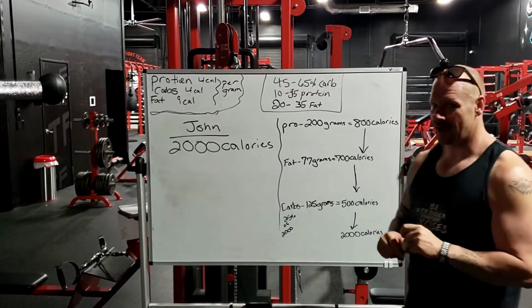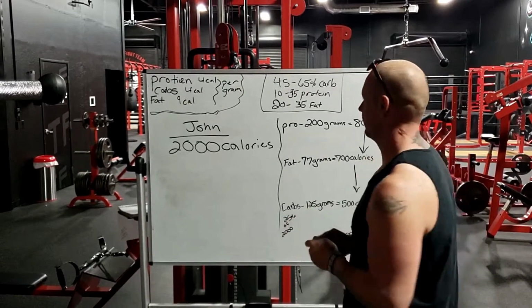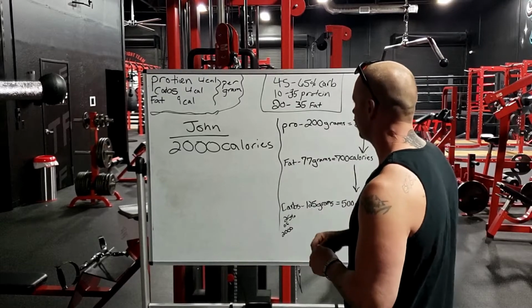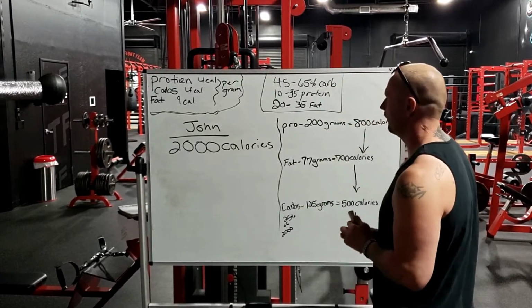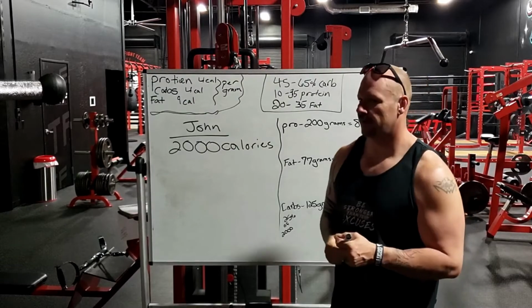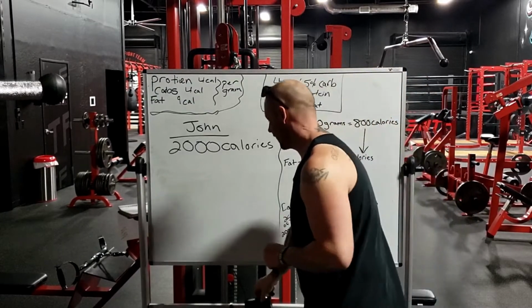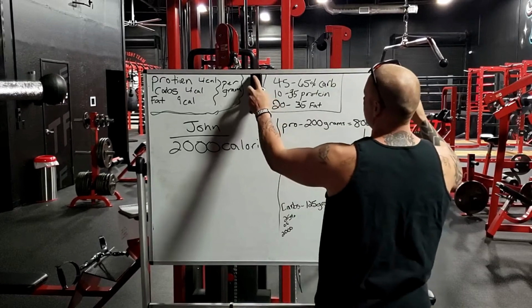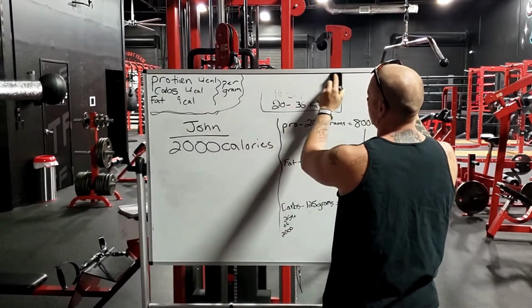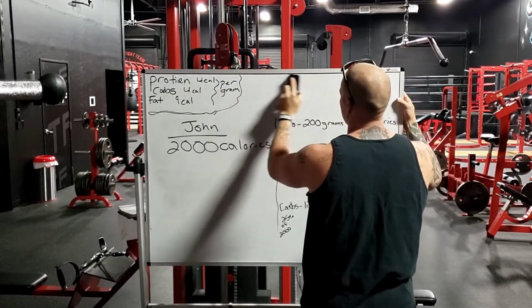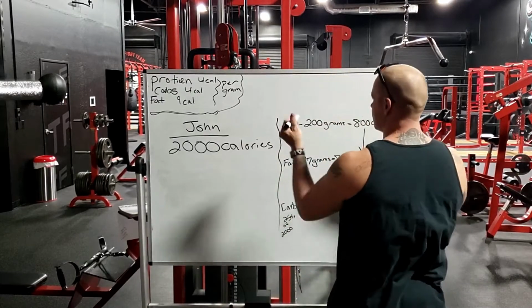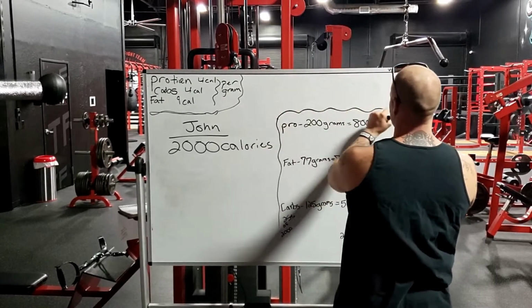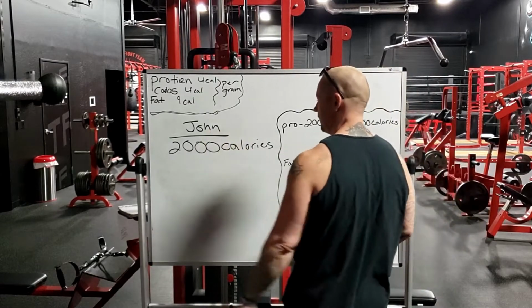Now, you're going to have a couple things that we talked about previously: 45 to 65% of carbs, 10 to 35% of protein, and 20 to 35% of fat within your diet, okay? So try to eliminate this out of your mind just momentarily. You can look up those amounts later, anytime you want. This is what we're going to focus on. This is our sample, John.